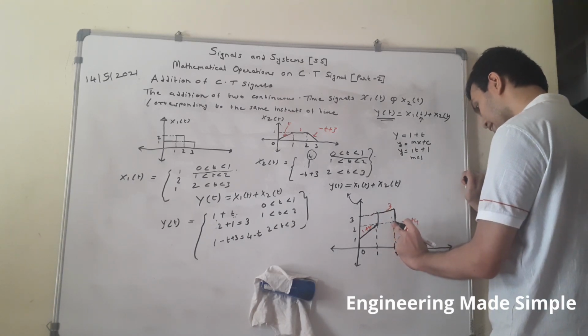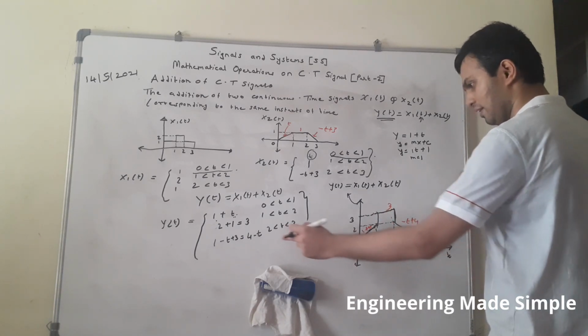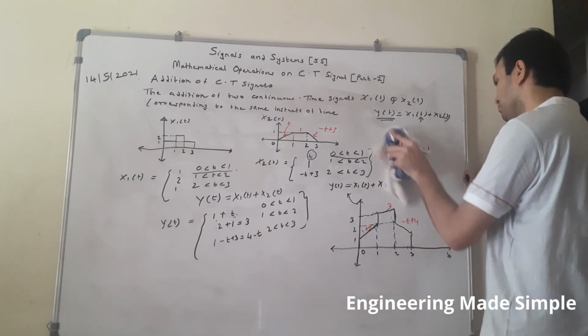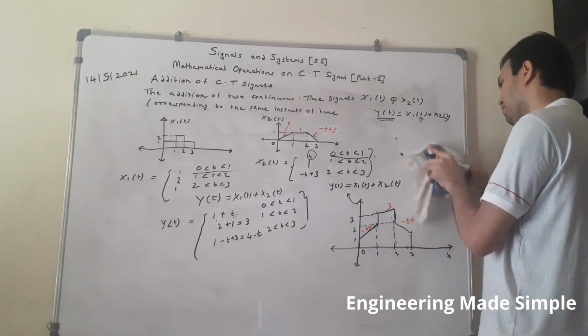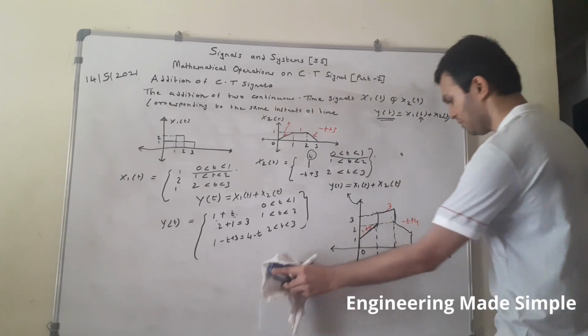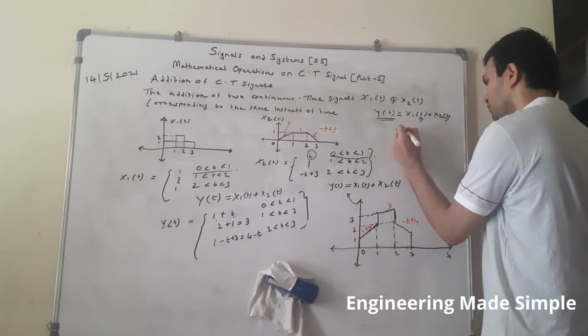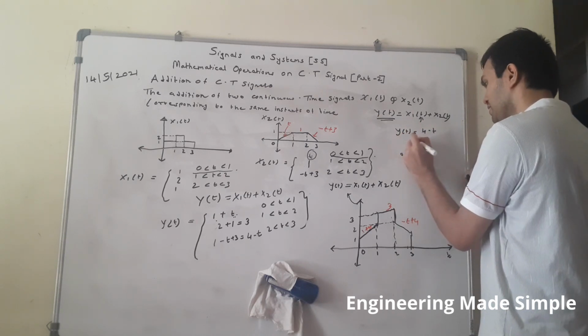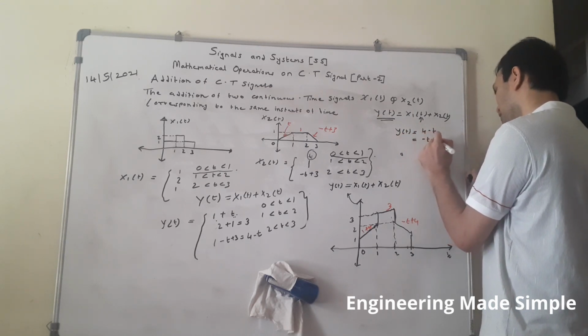Now between the time intervals 2 and 3, the waveform goes like this. It is 4 minus t. The other way of writing it is y(t) is equal to 4 minus t, and we can also write it as minus t plus 4. It is one and the same thing.